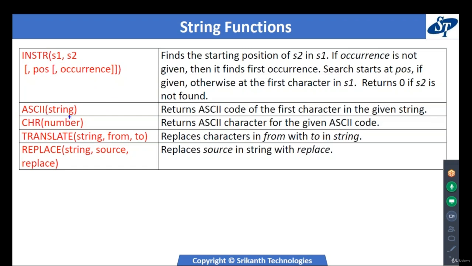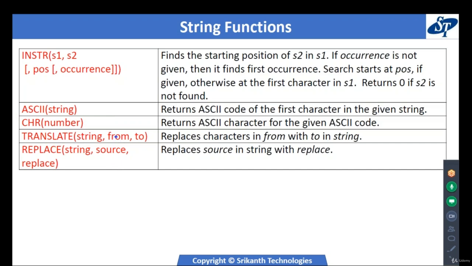ASCII is to convert the given string to ASCII code. So if I give a string like ABC, it will give me the ASCII code for the first letter, which is 65. And similarly, CHR returns the character for the given number. So CHR of something like 48 would mean you get digit 0 because that's the ASCII code for 0.